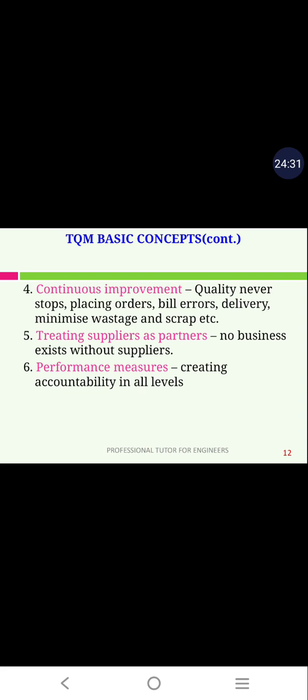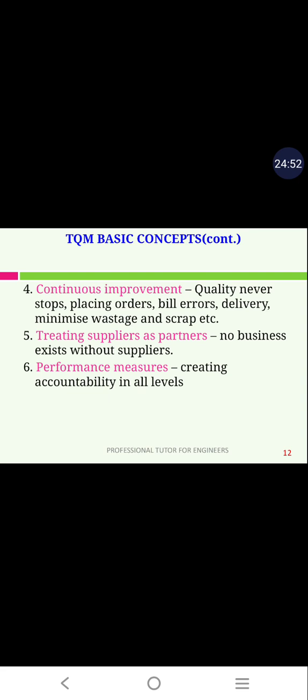For example, a machining operation may take some 8 minutes. We need to see how that machining time can be reduced, along with scrap, wastage, and the duration of time taken in manufacturing a product. And similarly, sometimes they may create some errors in the bill.